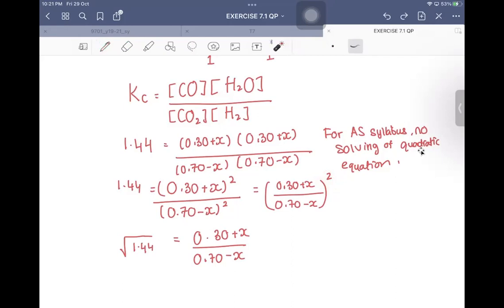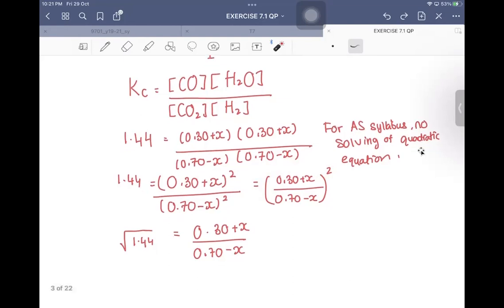So if I take the square root here and I take the square root here, this will cancel out. Okay, if we cannot see that, that is from a mathematical point of view. It's not chemistry. Okay, I will not teach that. So the square root of 1.44 is 1.2.